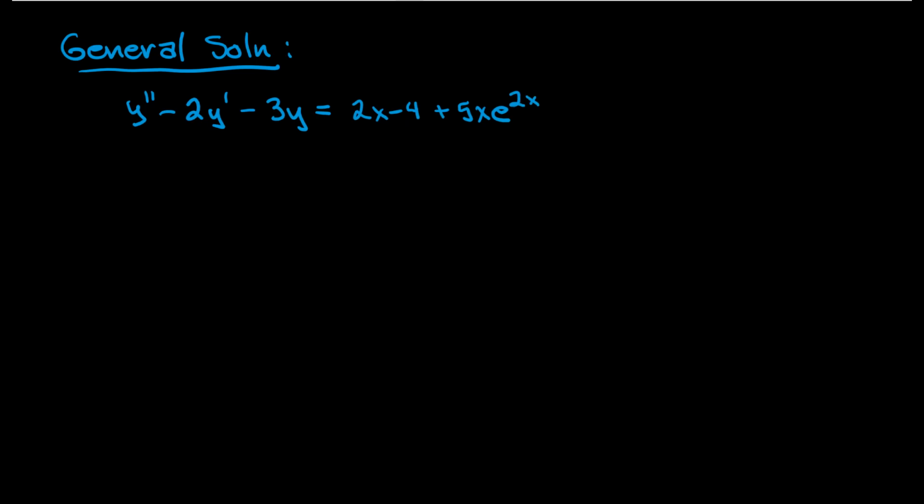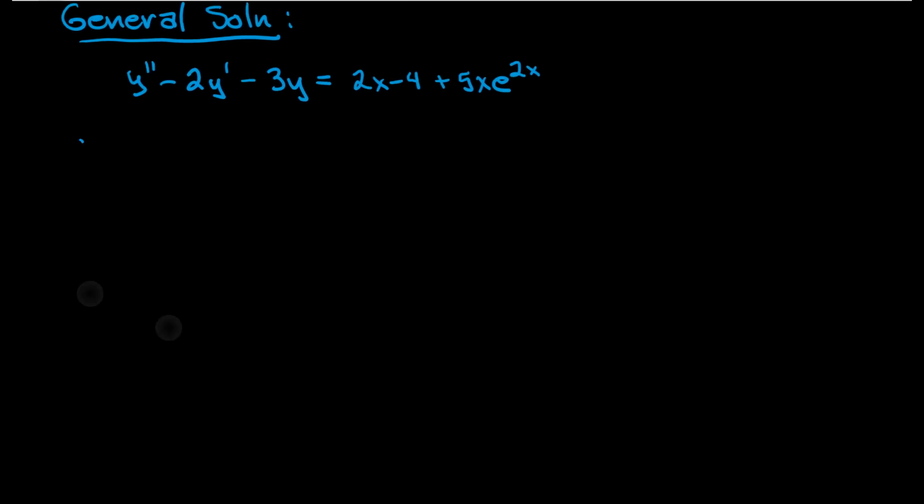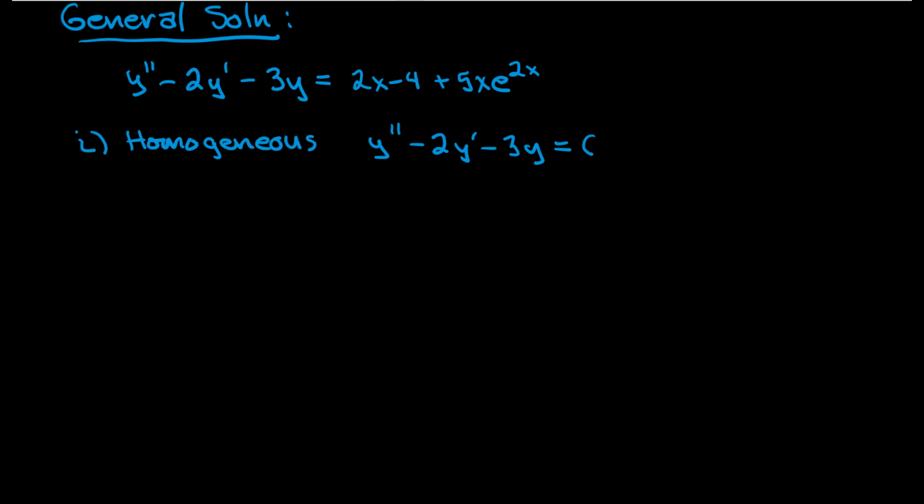Okay, so when we go for a general solution, the first thing we need to do is solve the homogeneous situation. Recall, the homogeneous means that we're going to solve our second derivative minus 2 times the first derivative minus 3 times y equal to 0.